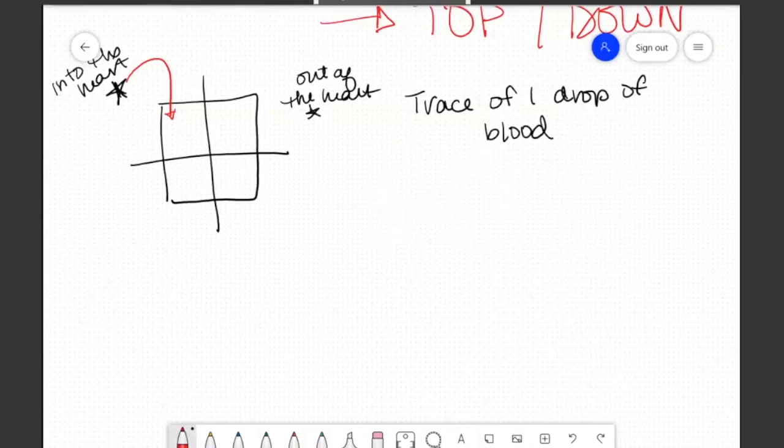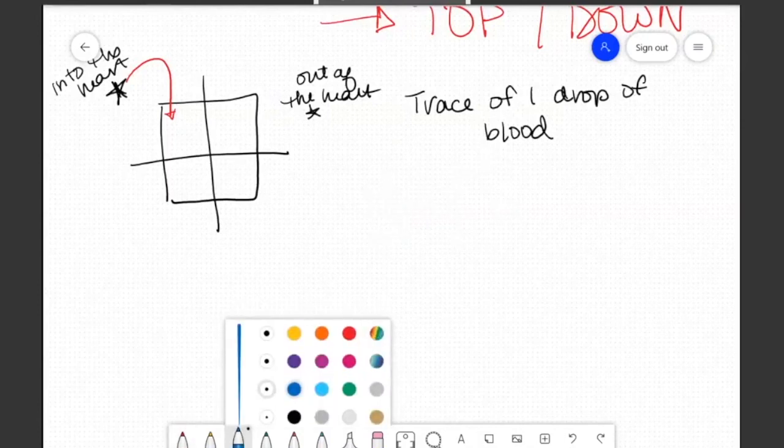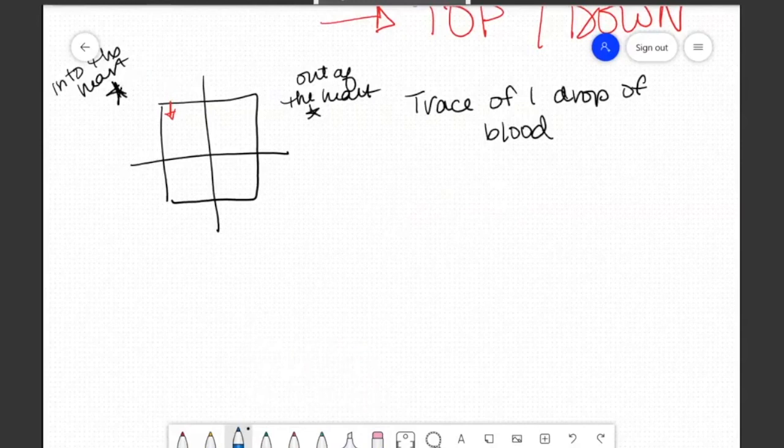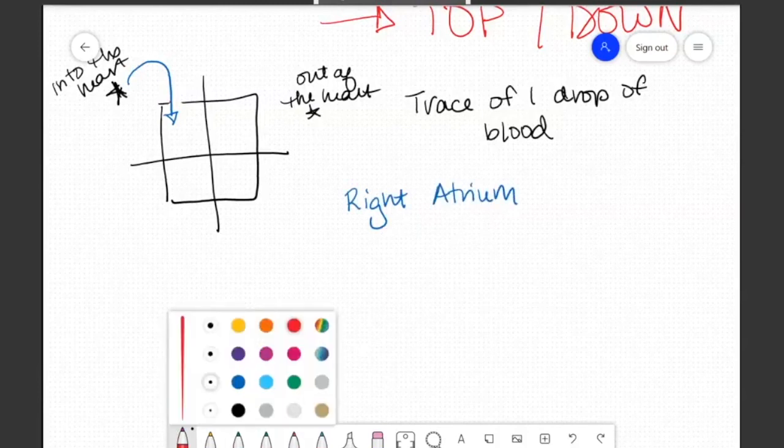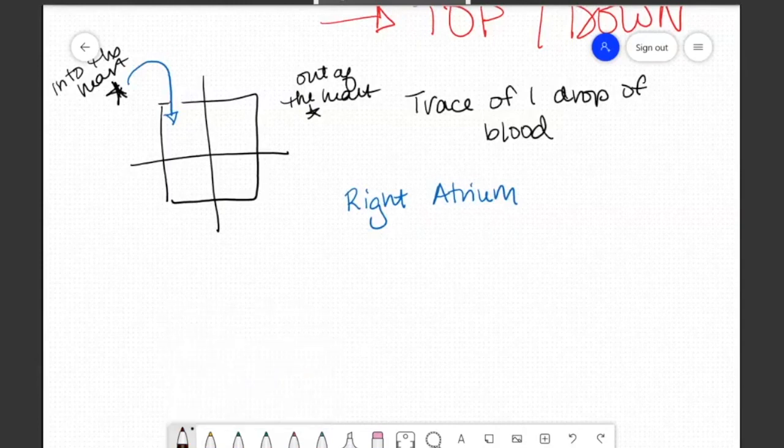If you're following along, I apologize, because we've already talked about why this is the case. This is deoxygenated blood, and so I'm going to do it that way. So it will come through and do the right atrium. Because remember, we go back and label everything. Right atrium, left atrium, right ventricle, left ventricle.